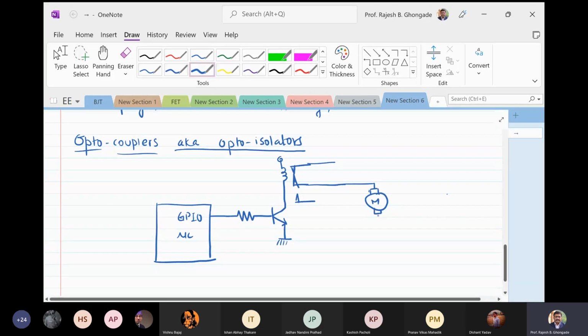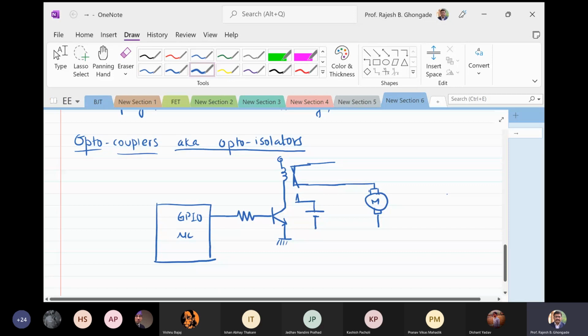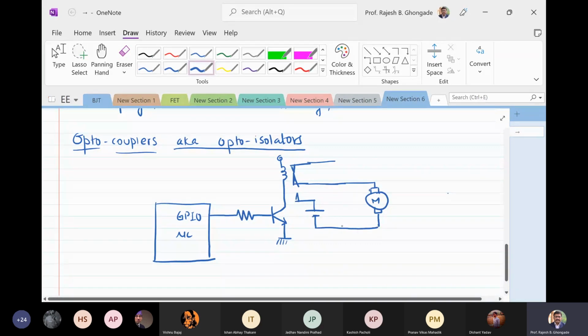A DC motor, let us take, and you have, let us say, the power supply or a battery, a power source like this. Now, many times you want this ground. See, this is a different ground.